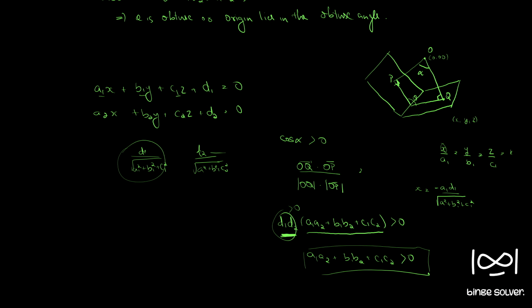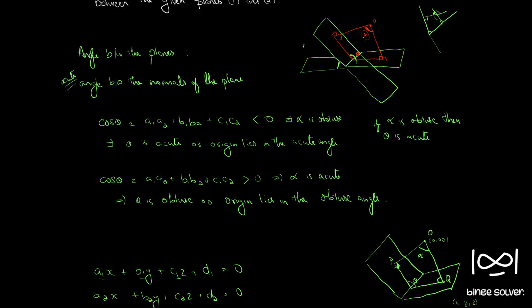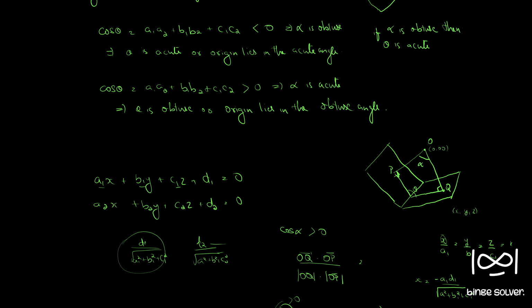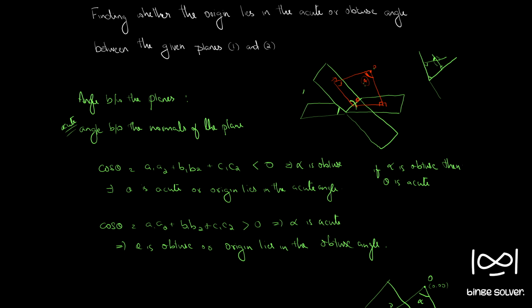So if you know this, you just have to remember this, and if you know the derivations, it will be more clear. That's all, these are the points I wanted to discuss.